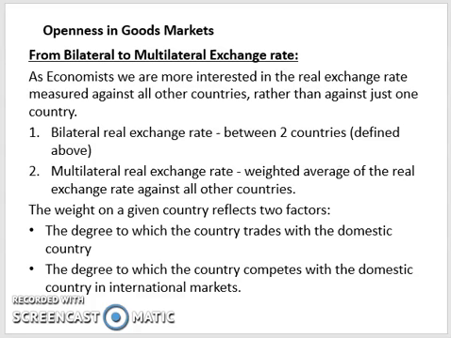Okay, so let's take one last step before moving to openness in the financial market. We have so far concentrated on the exchange rate between South Africa and the United States, but the United States is just one of many countries South Africa trades with. So we have to make a distinction between two types of real exchange rate: the bilateral real exchange rate, which is the real exchange rate between two countries, just the one that we have just looked at, and the multilateral real exchange rate, which is the weighted average of the real exchange rate against all other countries that the country trades with.